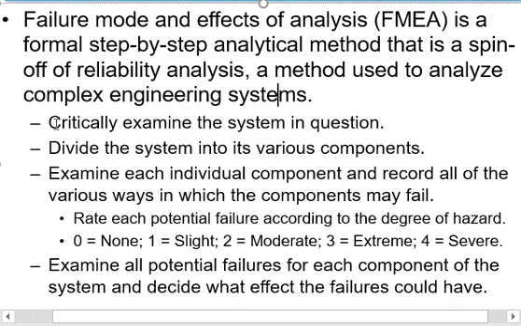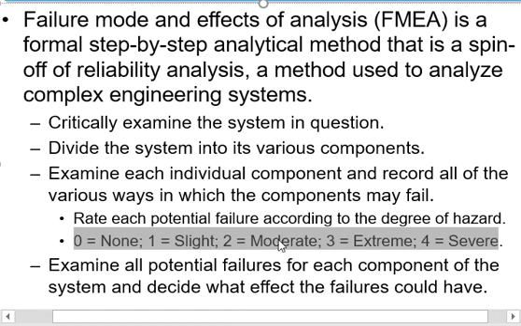So we examine the system, divide the system into various components, and check every component to see where the hazard is. It can give every component a score on a scale from 0 to 4. Based on that, I can know which one is more hazardous than the other.